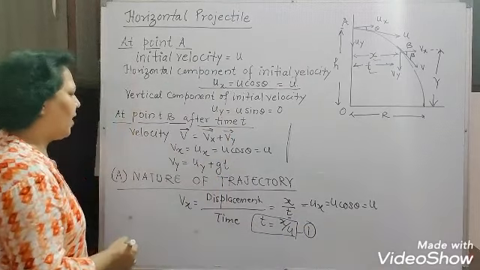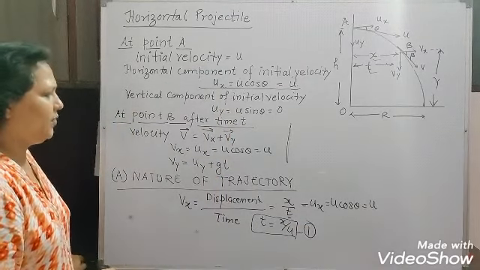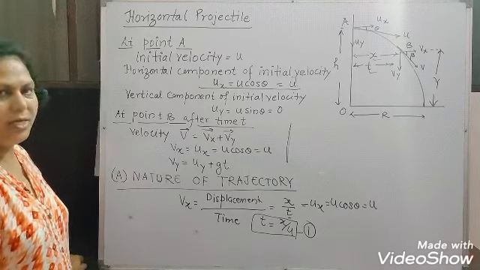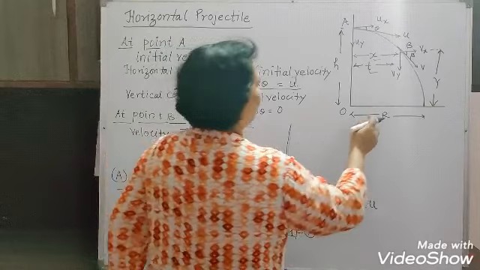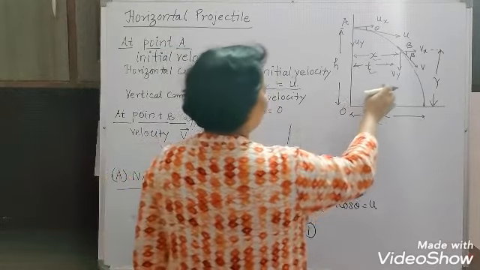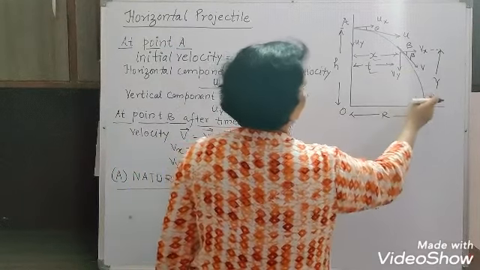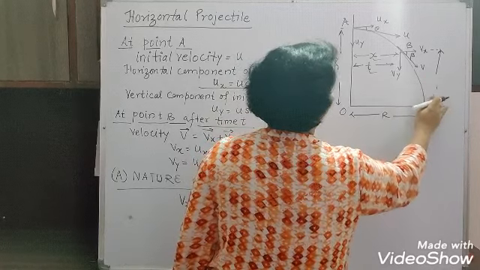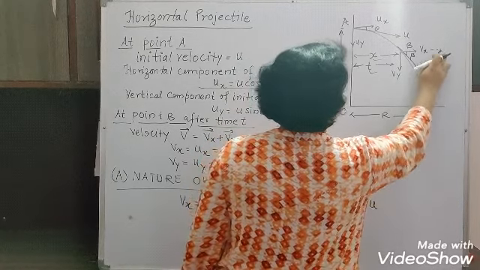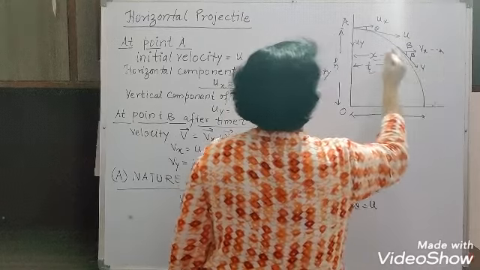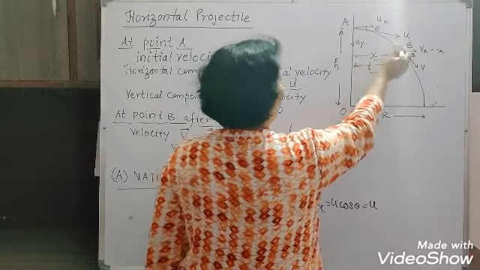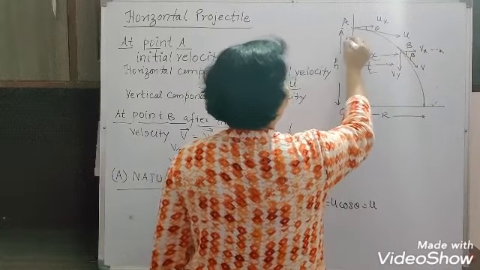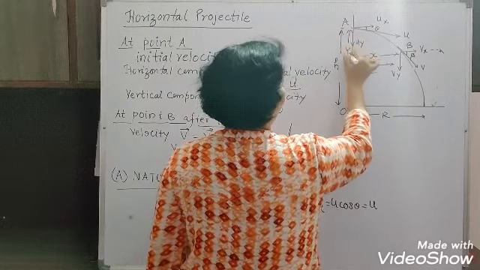Okay, now while deriving the nature of trajectory, we'll see the displacement in the vertical direction at point B. This is the vertical direction which I have taken here. Since the projectile is traveling from A to B, this vertical displacement I am taking as y.